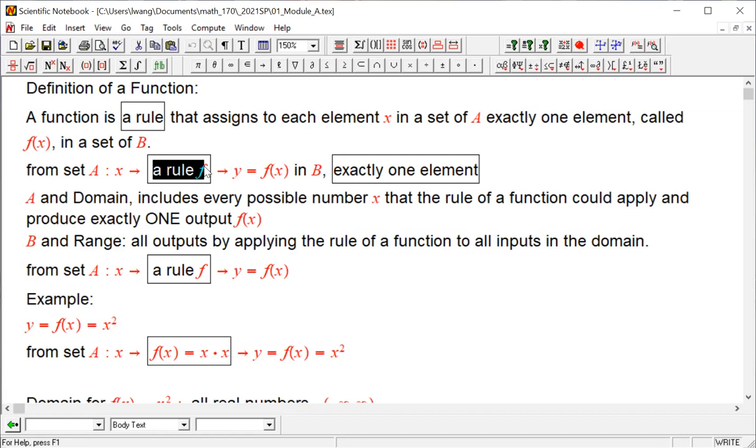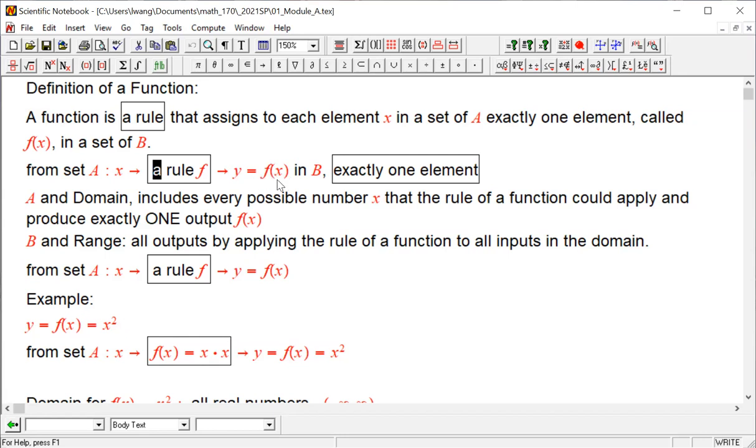So this rule is going to spell out, and following this rule, this function will take an input. We can call it x as input. This input is given to the rule for the rule to apply to it, and the rule applies to the input and then produces an output.